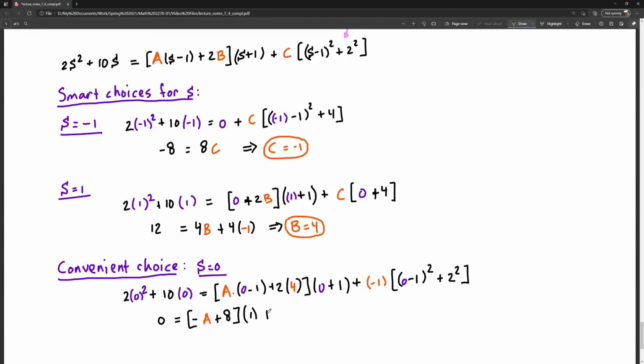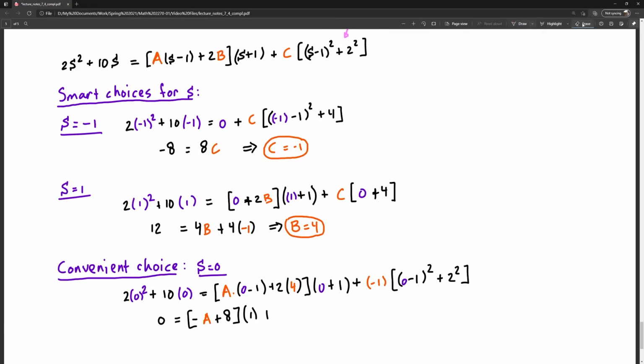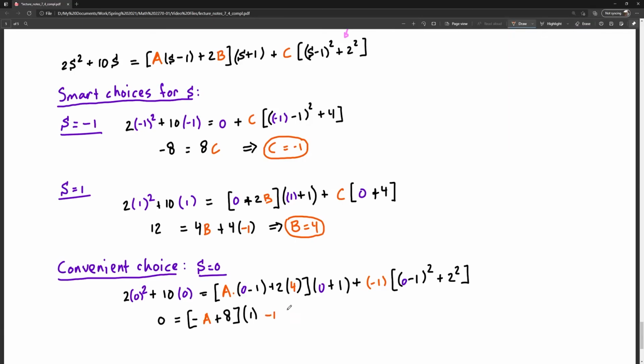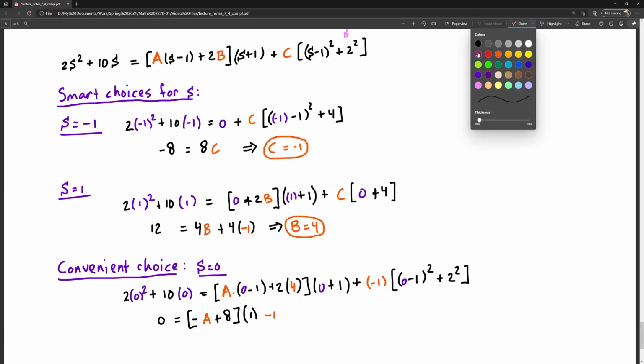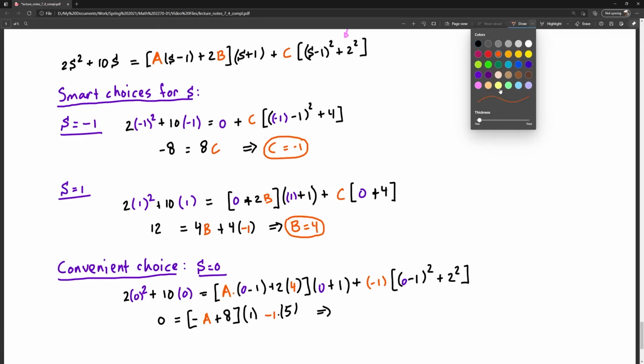And then minus 1 times, and this expression is 5. So we have -1 times 5. And when we solve that for a, in the end, we end up with a equals 3.